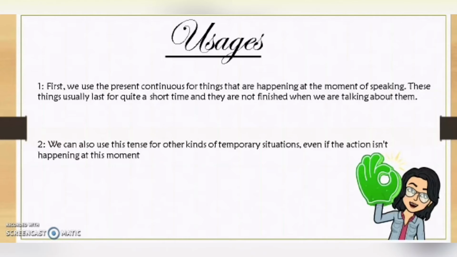But there is also a usage when you are talking about a situation that is currently in your life, but it's not happening in that moment. For example, maybe you are watching TV, but if you are talking about your classes, you are studying by internet, okay? That situation won't change, but you are not doing that in that moment. You are not studying at that moment, but you are studying by internet. Did you understand me?